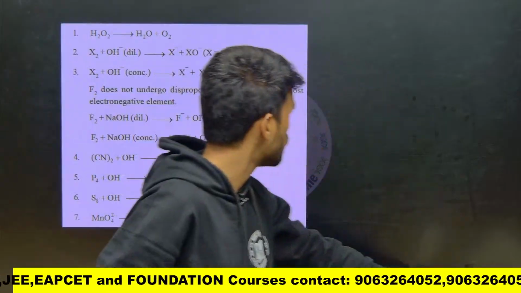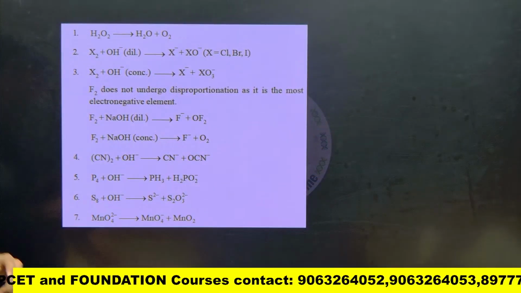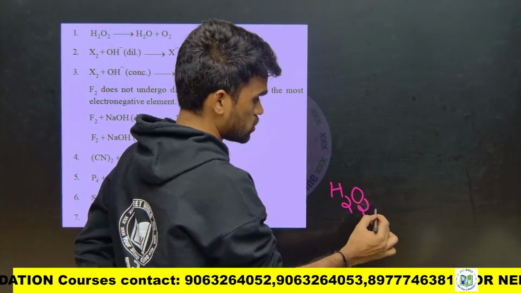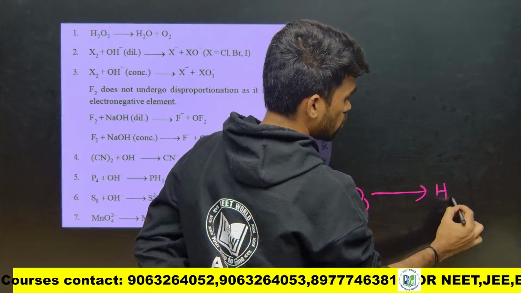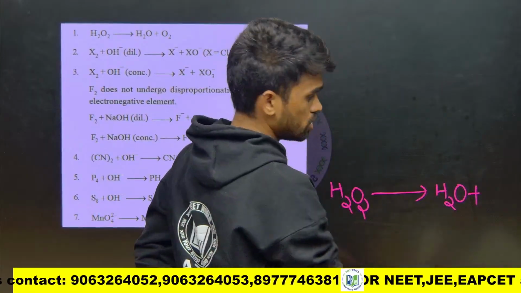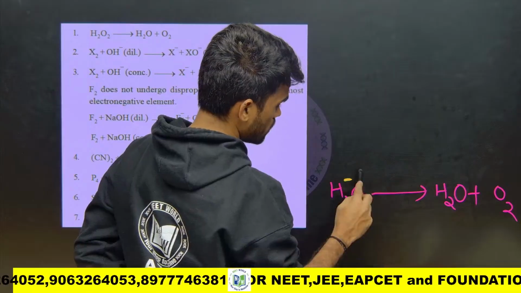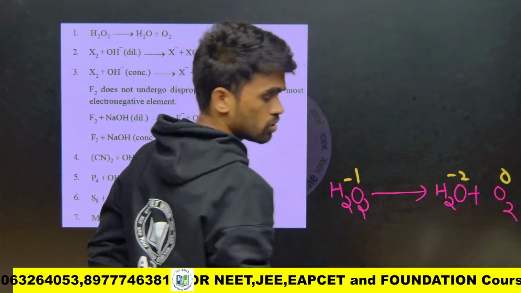Now here we have a few examples. Just now we have discussed H2O2, hydrogen peroxide. Now it can undergo reduction and oxidation. So here it is minus 2, minus 1, minus 2, 0, right?